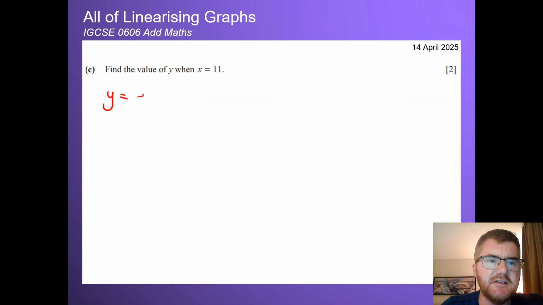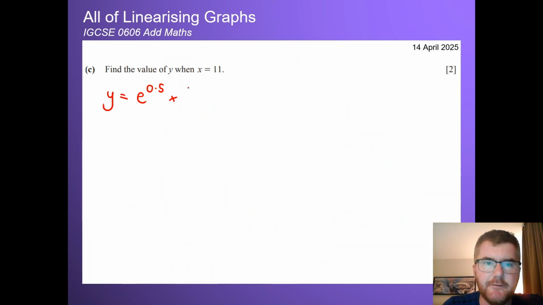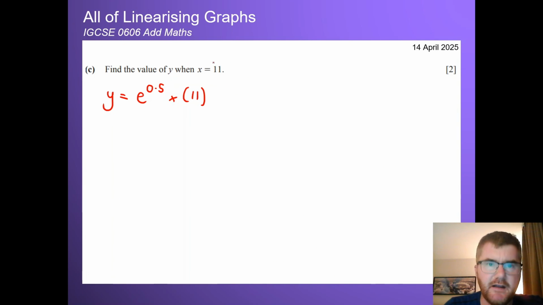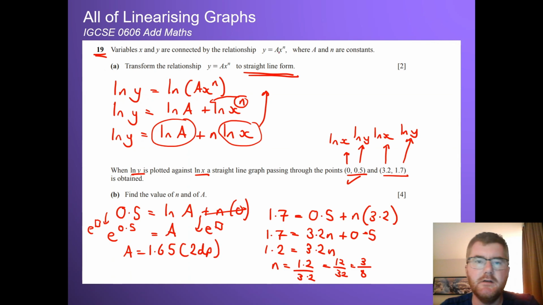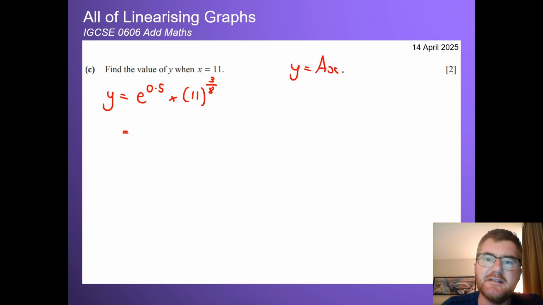So I'm going to write it as e to the power of 0.5 times x to the 11, so 11 goes inside, and n was 3 over 8, wasn't it? So we just need to work that out. I've just written in all the values. Remember, I'm using y equals ax to the power of n. I've worked out a, I've worked out n, I'm now putting in x, and then we can work out y.